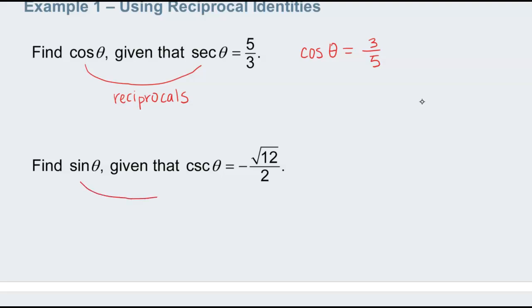Similarly, sine and cosecant are reciprocals. So if I know that the cosecant of the angle is negative square root 12 over 2, I can say that the sine of the angle is negative 2 over the square root of 12.